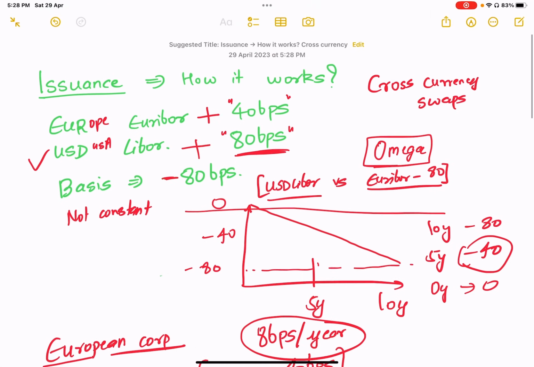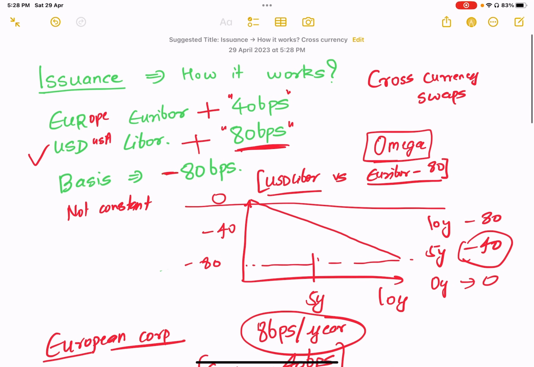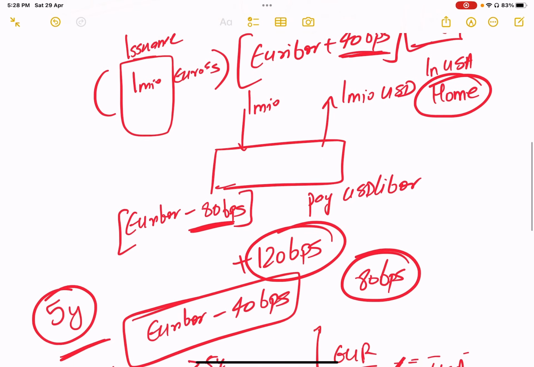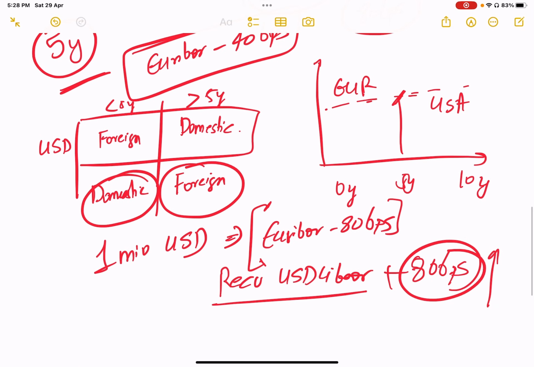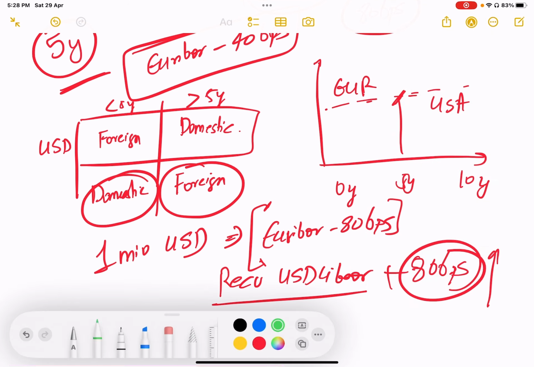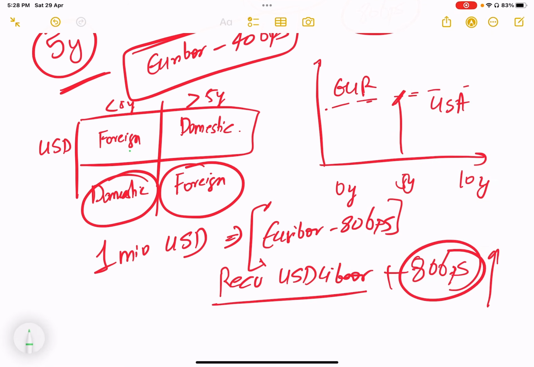Because in home country, I'm supposed to generate this much, but I can beat this return by just doing a simple cross currency swap. So it is always the opposite diagram that whenever you have something like this, then this will be the case and this will be the case.